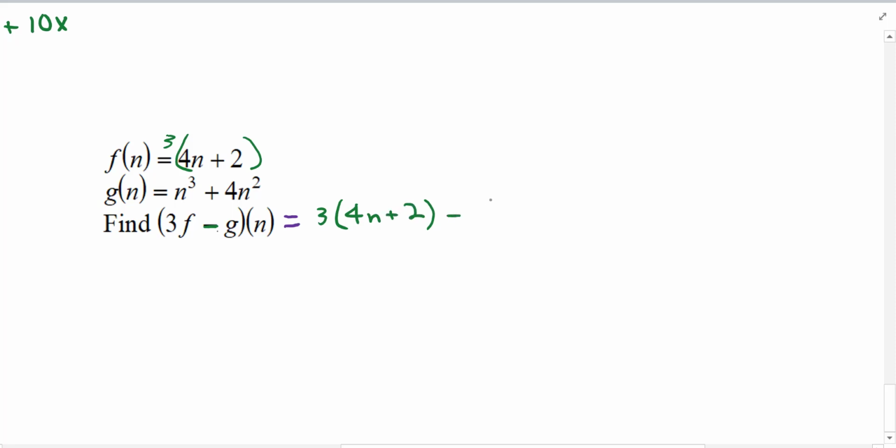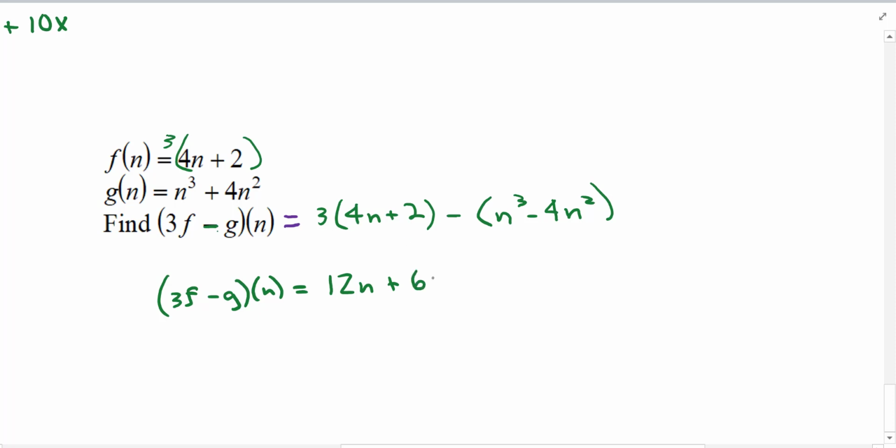Then we're going to subtract the g function. So then you rewrite it, do the distributive. So 3 times 4n is 12n, 3 times 2 is 6.